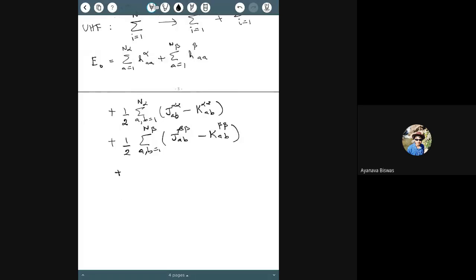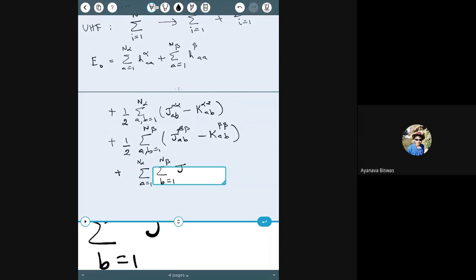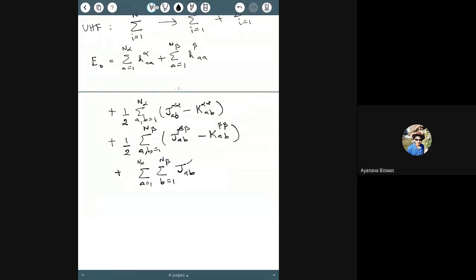But then you have the extra interaction between A equal to 1 to n alpha, B equal to 1 to n beta, and there you have only the Coulomb interaction.